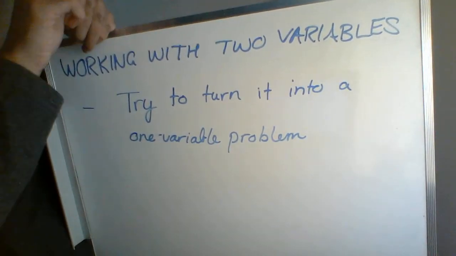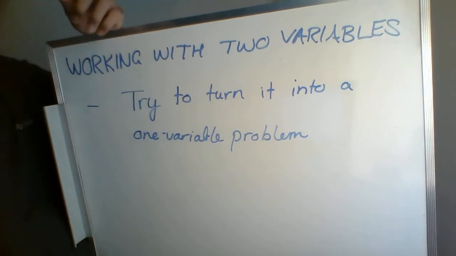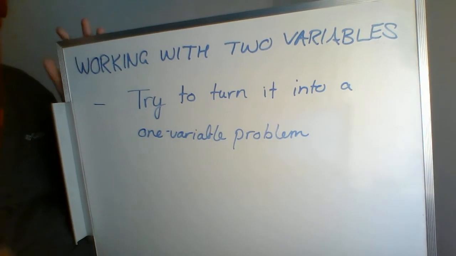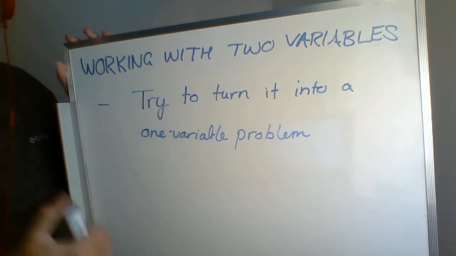So what that means is if you've got x's and y's kicking about in your equations, try and get rid of one of them by describing it in terms of the other.